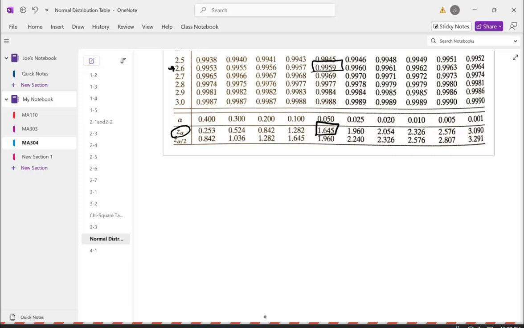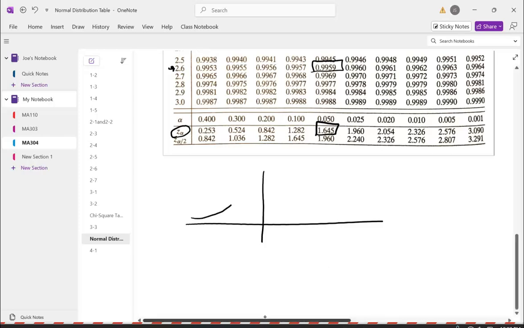What that 1.645 value means is that if I think about my normal distribution, and I've got my z value of 1.645, that subscript, that alpha, is telling me what is the probability here in the tail. That's what the alpha means. Okay?